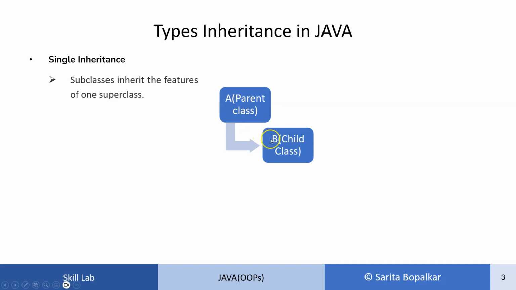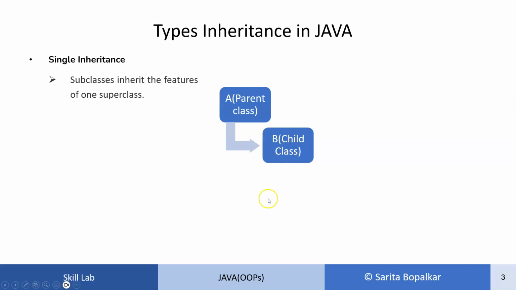Now I am extending class B from this. So I am deriving class B from class A. So this is my child class. That means this class B can acquire all the methods and properties of this class A. So this is single inheritance.